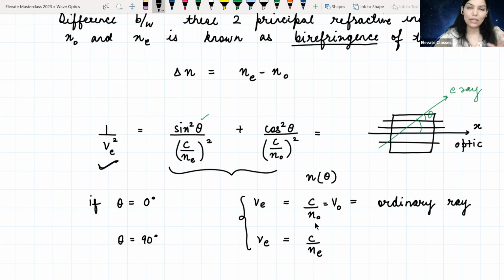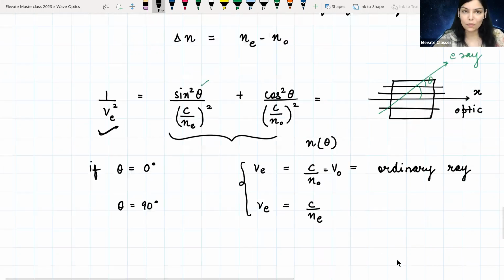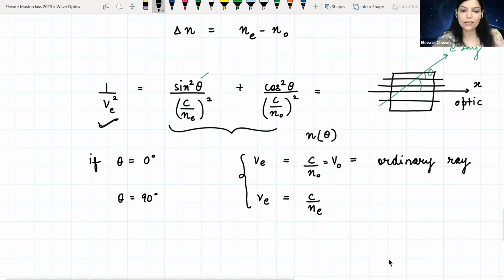पढ़ना है, ठीक है? But from an understanding point of view, there can be a biaxial crystal also, which has two optic axes or two directions in which E ray and O ray can have the same speed.